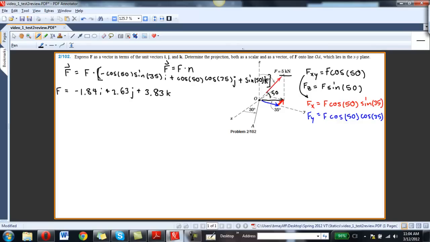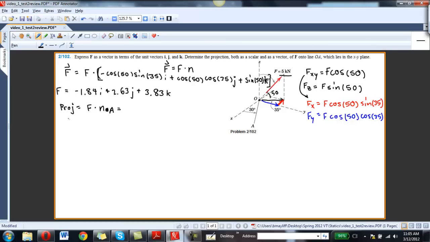So now we have to find the projection both as a scalar and a vector of F onto line OA. So we simply go projection is equal to F dot nOA. And that will give us a magnitude, which would be the scalar.